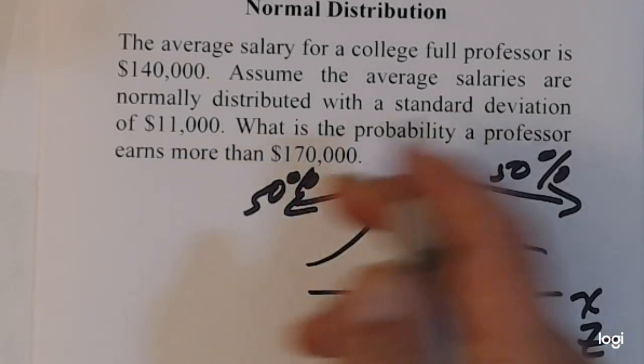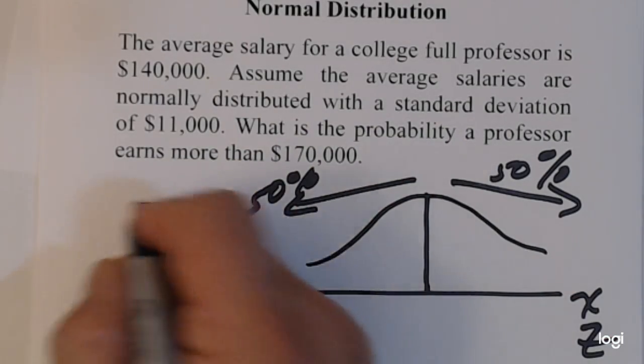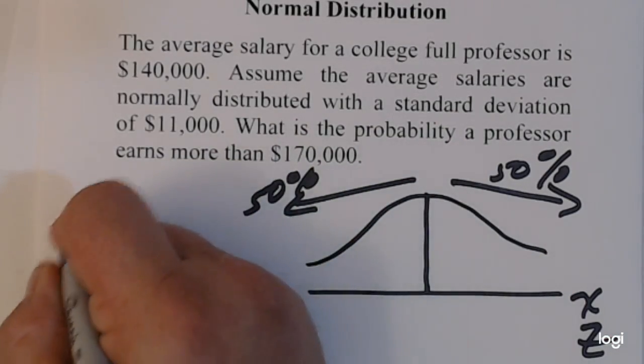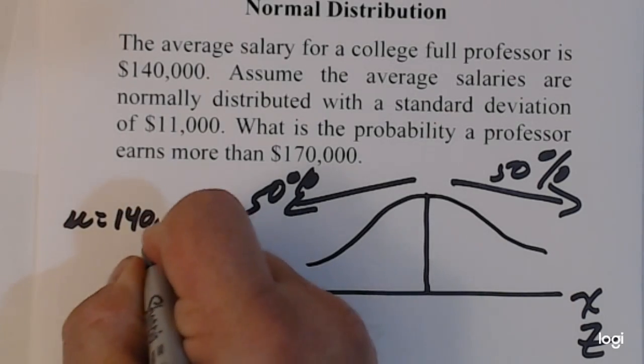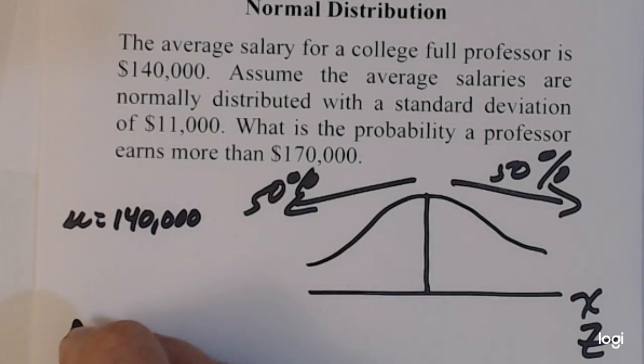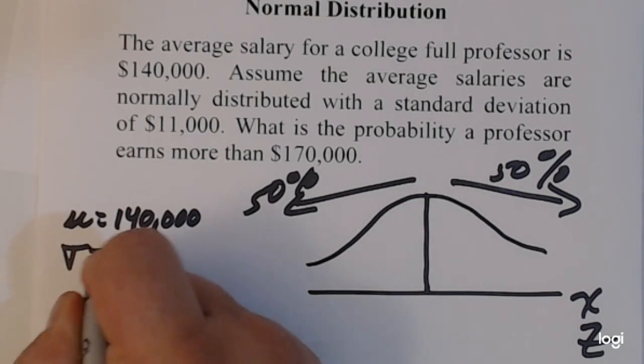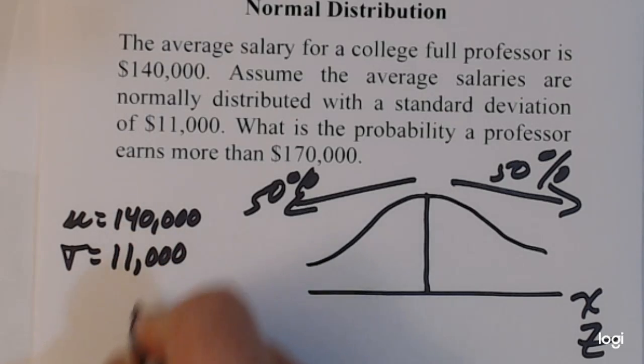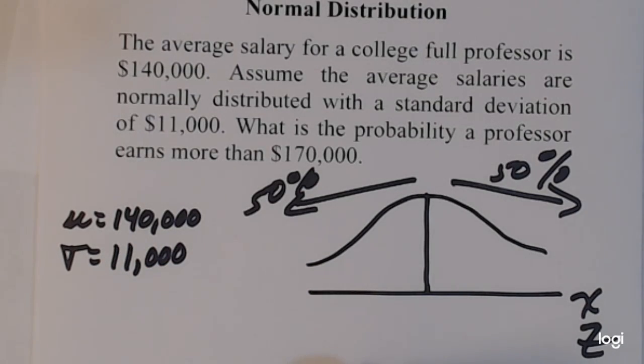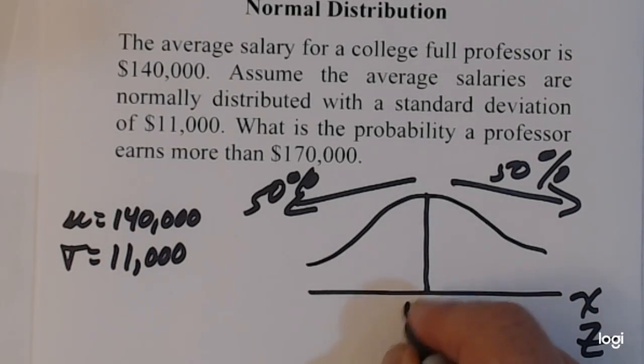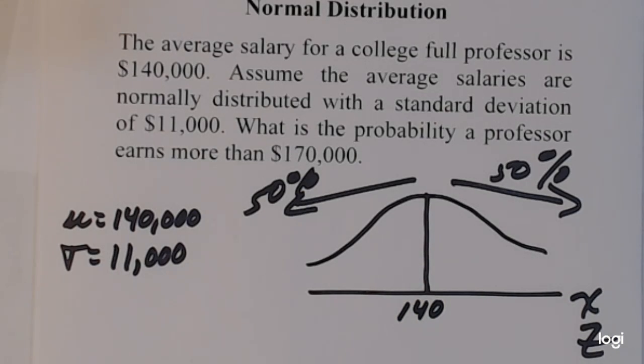So we're going to write down the information we're given, draw a picture, and then solve. The average salary for a full-time college professor is $140,000. So mu equals 140. Normally distributed, standard deviation of 11,000. So we know that 140 is the mean.